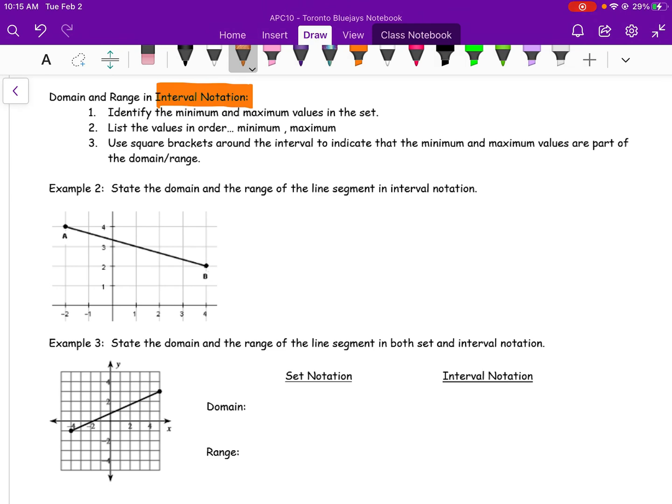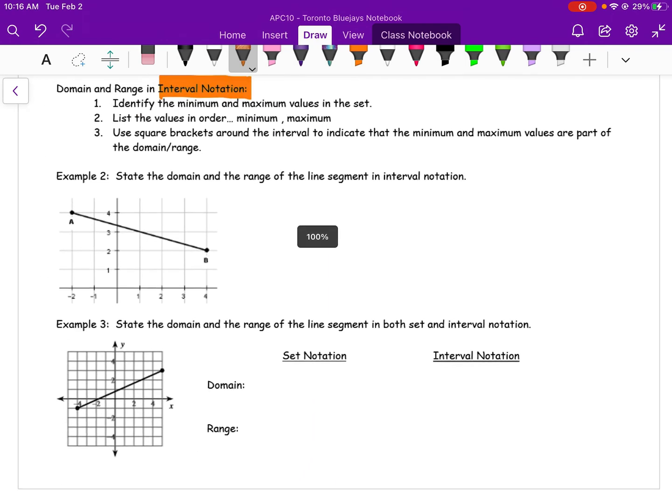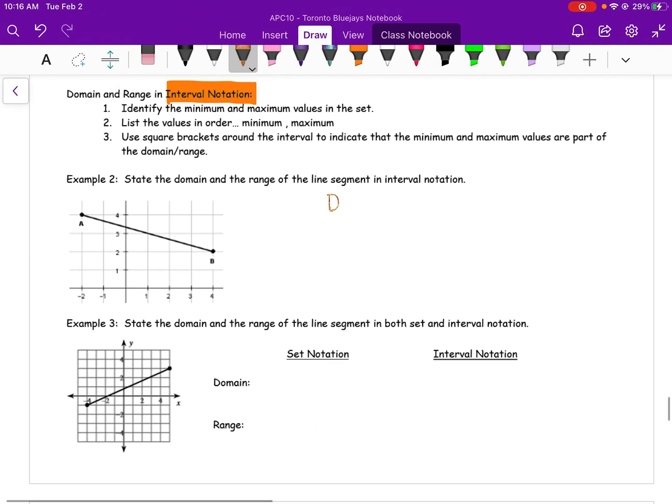Again, what we have to do is identify my lowest and highest values. So my thinking is, for domain, I go from -2 to 4 and all points in between. For domain, what is my lowest value? -2. What is my highest value? 4.